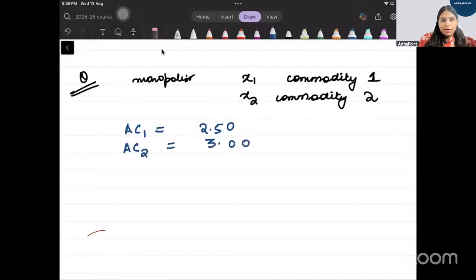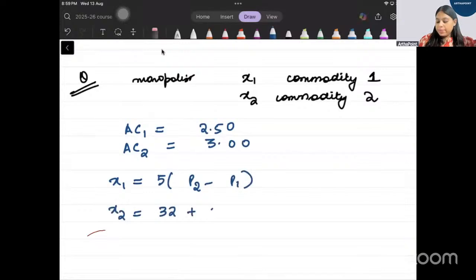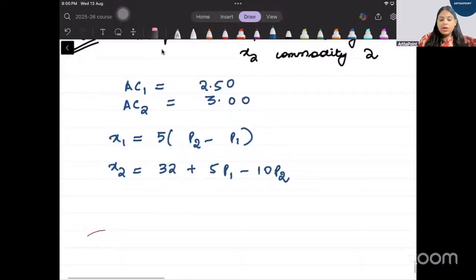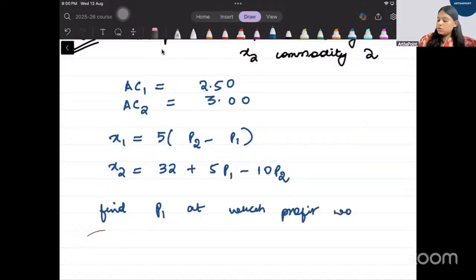Now you're given the demand functions of the two commodities. X1 equal to 5, P2 minus P1, and X2 is equal to 32 plus 5P1 minus 10P2. You need to find the value of P1 at which profit would be maximized. P1, P2 are the prices of the two goods charged.